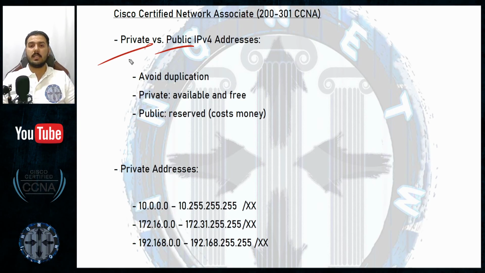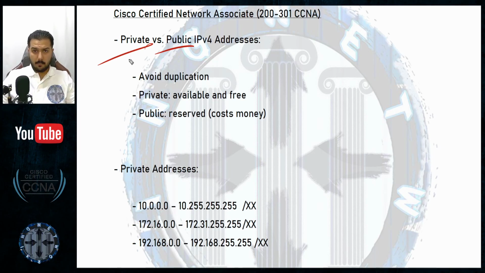In that case, if you used 10.10.10.100 and you send a packet to the internet using that IP address as a source address, and another person is using the same IP address, which is very likely, then the internet will ask which one of you is really 10.10.10.100 and which one of you should I reply to, because one of you requested google.com and the other one requested cisco.com, and I'm confused because I don't know who you are and who you are.